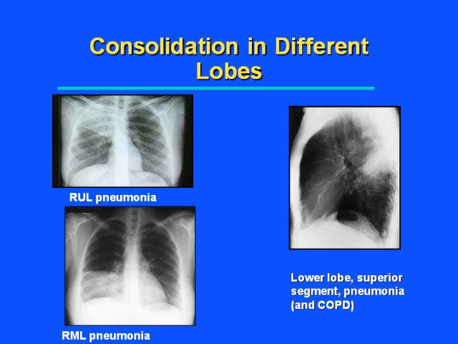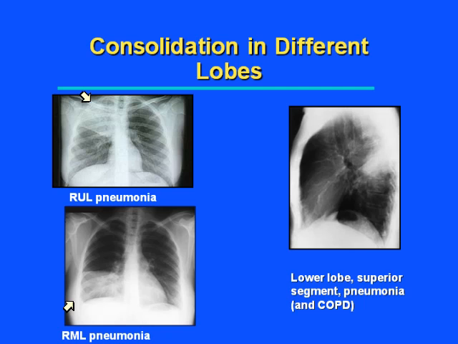We'll just look quickly at some other examples. Here are 3 chest x-rays, again, to show you what's under what you're listening to. So here's a right upper lobe pneumonia in the upper left. Here's a right middle lobe pneumonia in the lower left.